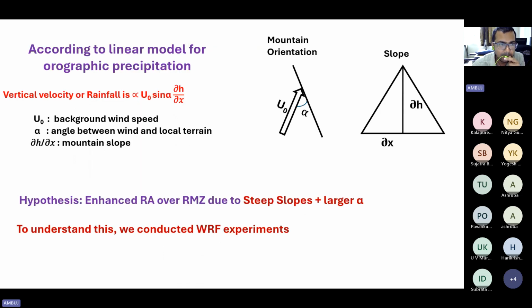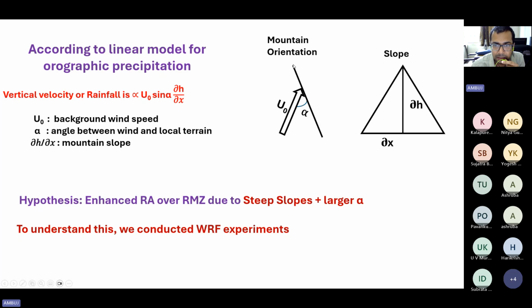So according to the linear model for orographic precipitation, the vertical velocity or rainfall is directly proportional to U naught sine alpha into del H by del X, where U naught is the background wind speed, alpha is the angle between wind and local terrain, and del H by del X is mountain slope. As you can see here, this is the direction of the winds striking the mountain.